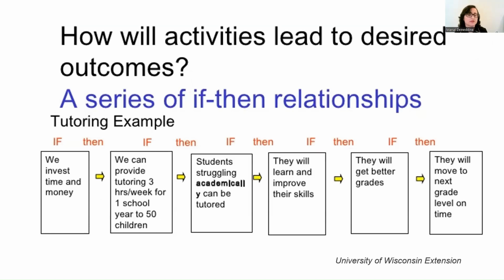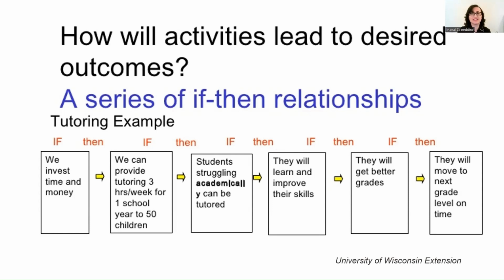Example of a tutoring case, a school that was considering tutoring. There is this series of relationships. So if we do this, then. So this is a very simple and yet very effective process. If we invest time and money, then we can provide tutoring 3 hours a week. If we provide tutoring 3 hours a week for school, then students struggling can be tutored.